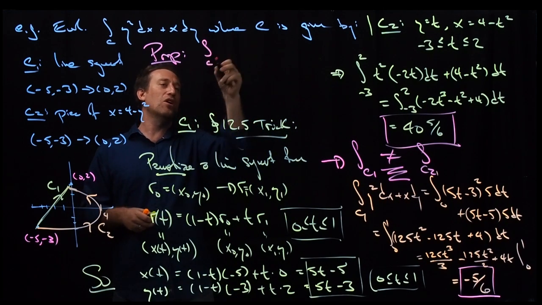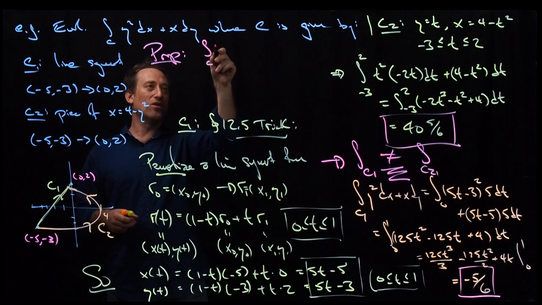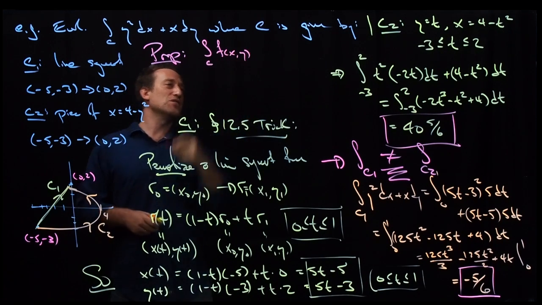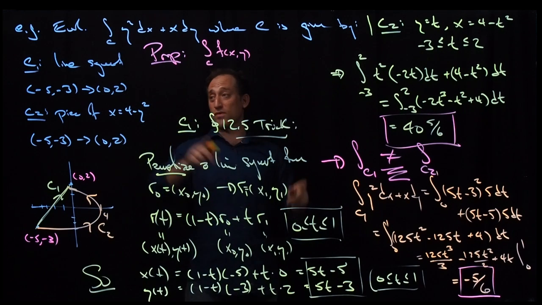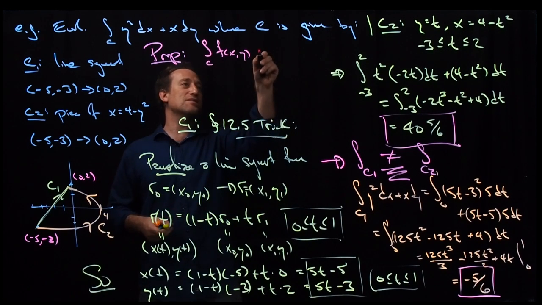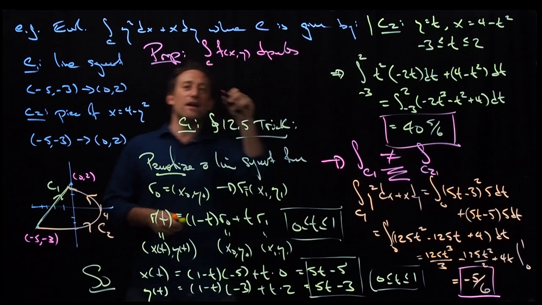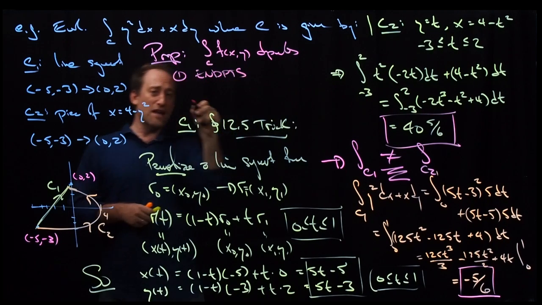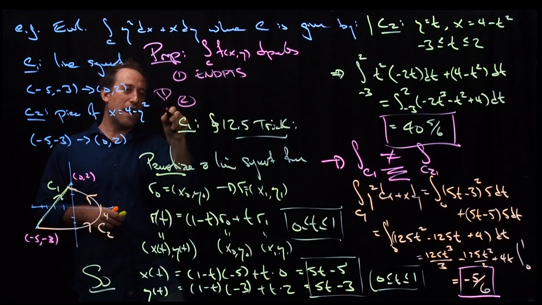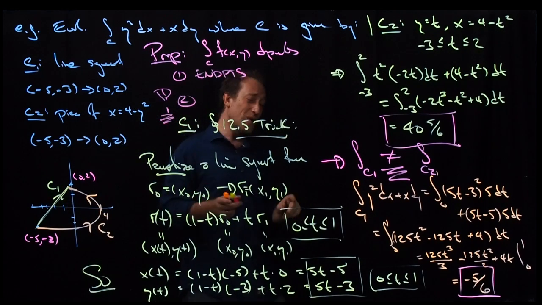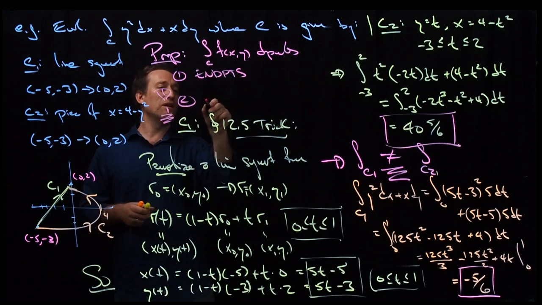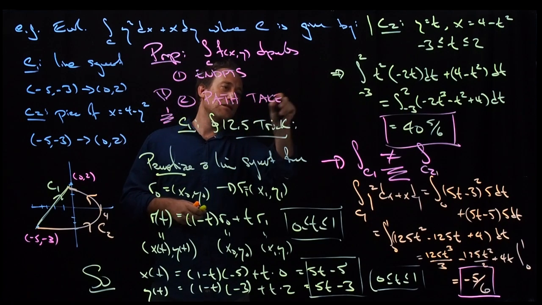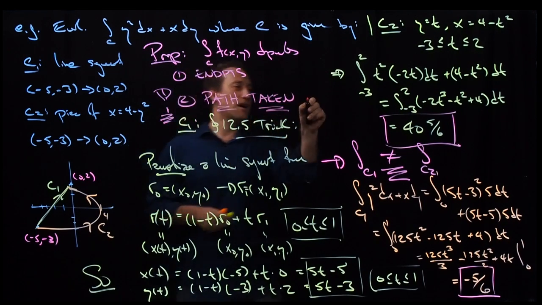The integral along C in general of a function f of x, y, this holds true for dx, dy, or ds, depends, one, you might guess, on the endpoints, but two, and perhaps much more importantly, depends on the path taken, i.e.